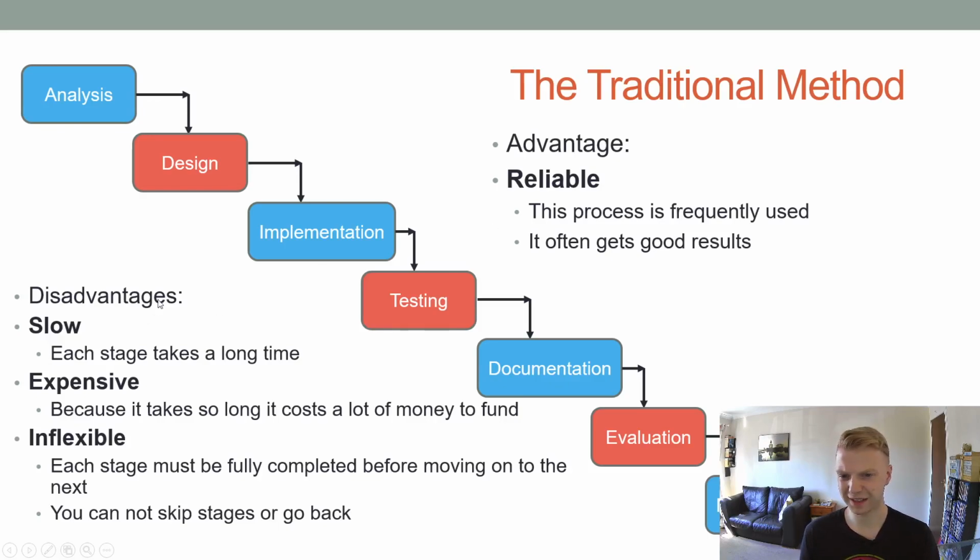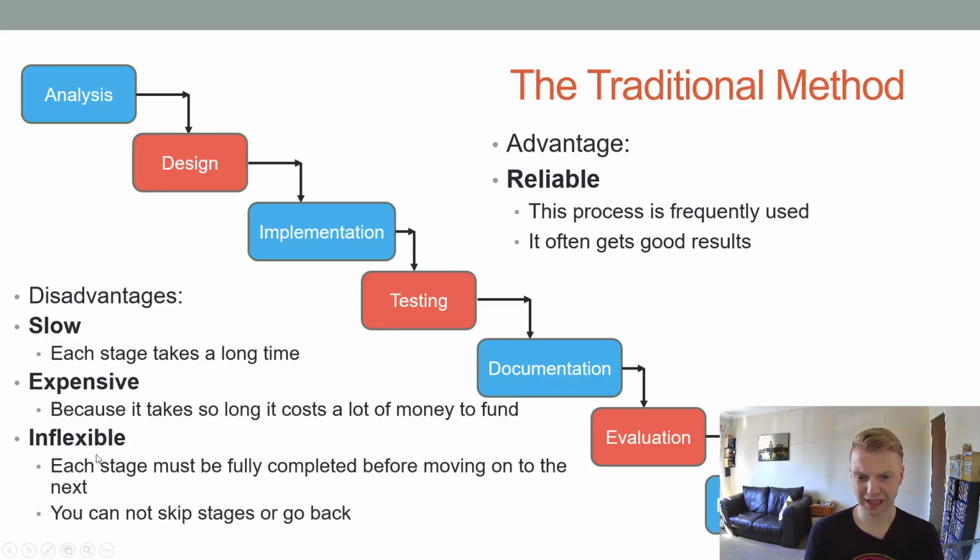And the disadvantages, there's quite a few more of them. Like we said, it's slow, so each of these stages could take weeks or months. It's expensive. Now, how could just following a process be expensive? It's expensive because it's so slow. You have to pay for employees that are making the software or whatever, and that costs a lot of money to fund.